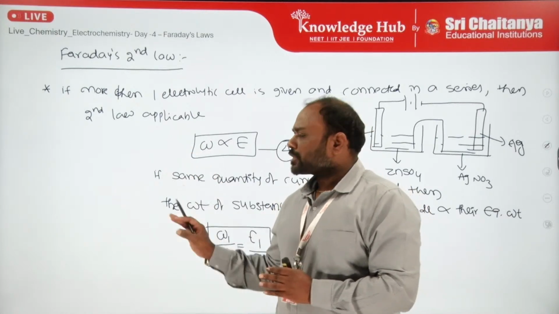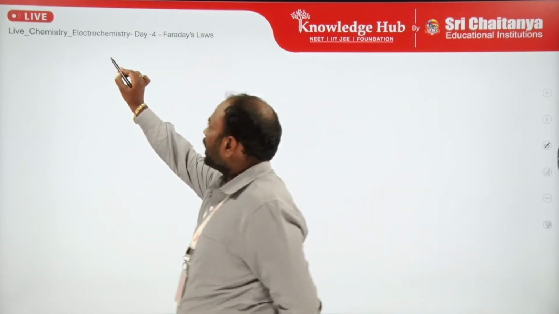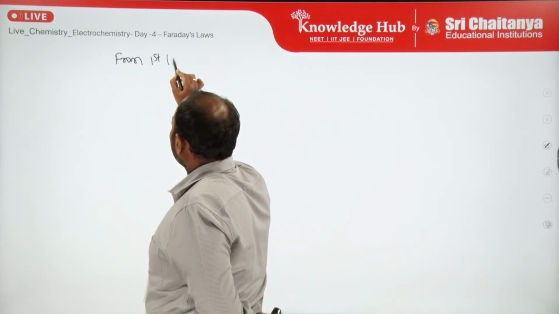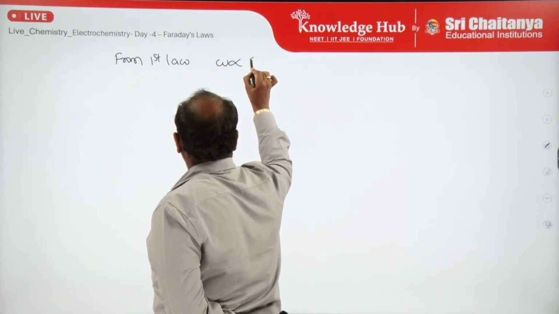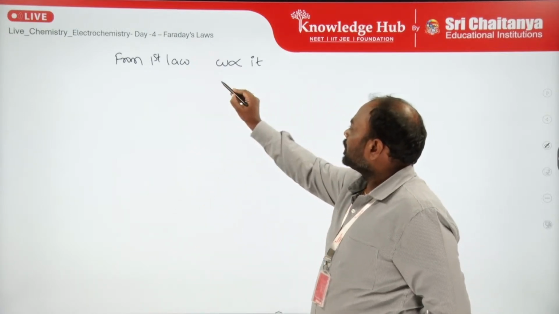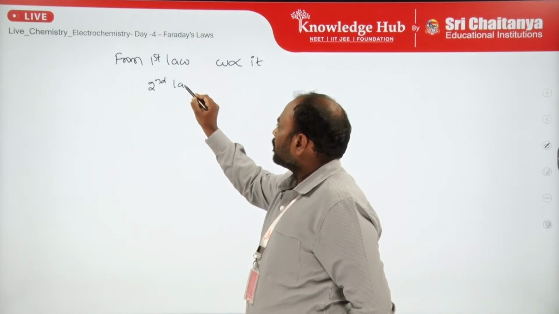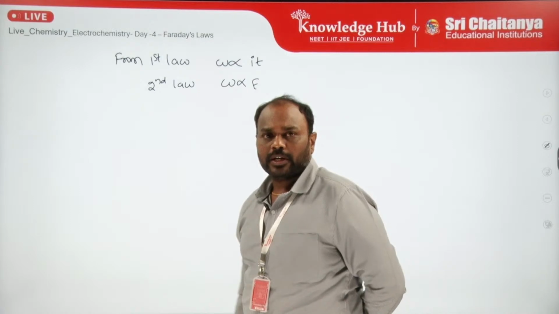So based on Faraday first law and second law, from the first law, what is the equation? W is directly proportional to I into T, that is the quantity of current passed. From the second law, W is directly proportional to their equivalent weight.